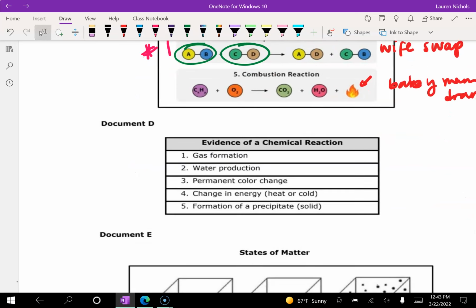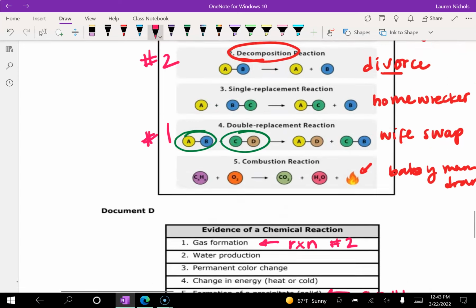We can see that document D gives us evidence of a chemical reaction. One thing we should see is the precipitate of a solid in reaction number 1, because we have a solid as a product. We should also see gas formation in reaction number 2, since there is a gas as a product.